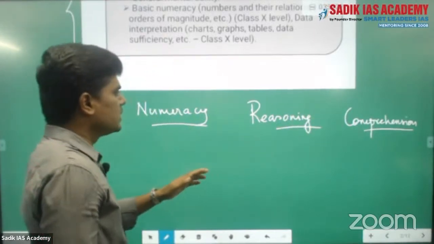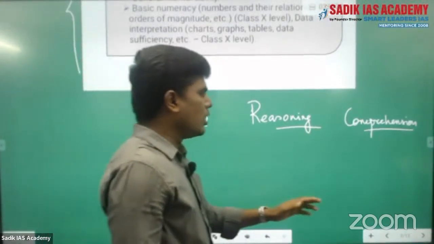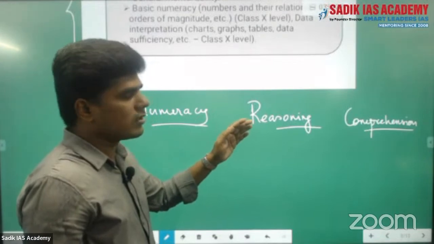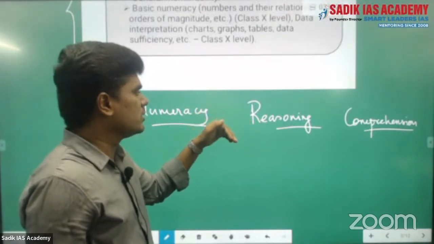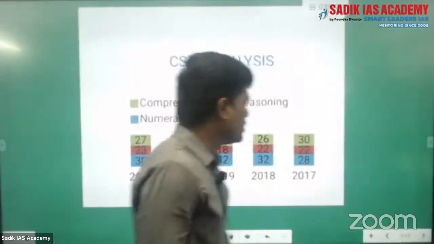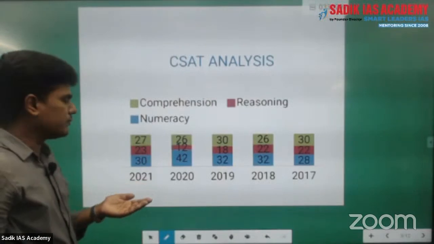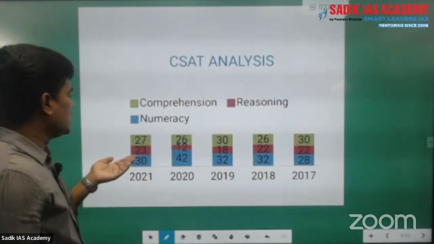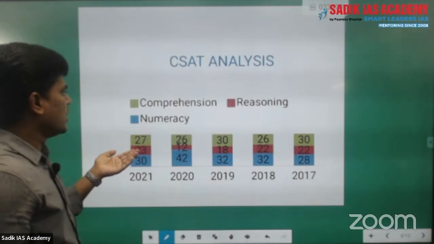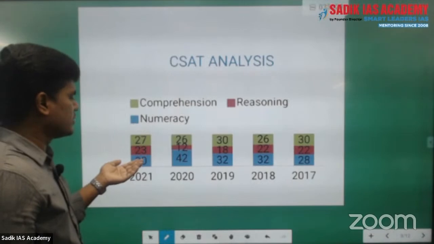Now if you go through the previous year question papers, let us understand how many questions have been asked in these areas. If you look at the analysis, in 2021, 27 questions were asked from comprehension, 23 from reasoning, and 30 from basic maths.